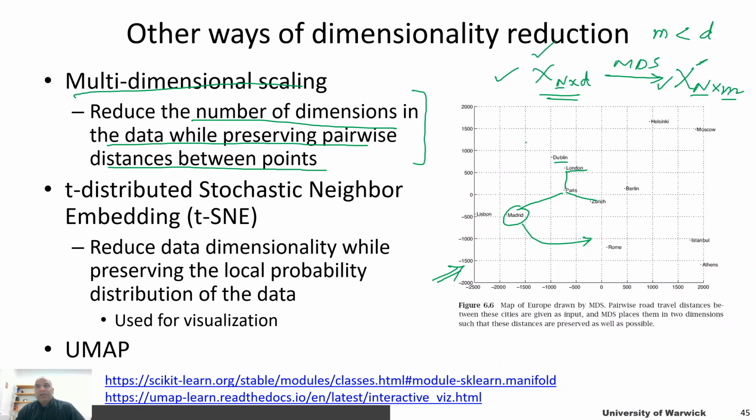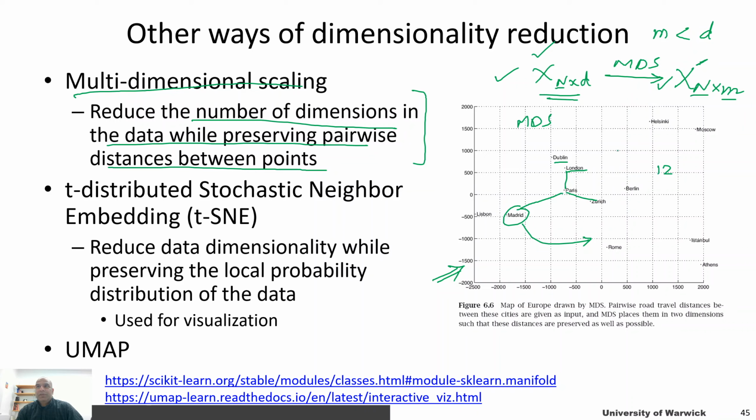Another good thing about multidimensional scaling is since it tries to preserve distances, all you need is distances between points in order to do dimensionality reduction. So this particular MDS was essentially done by giving it a matrix of distances between all pairs of points. So let's say we've got how many cities here? 1, 2, 3, 4, 5, 6, 7, 8, 9, 10, 11, 12. So we've got 12 cities.